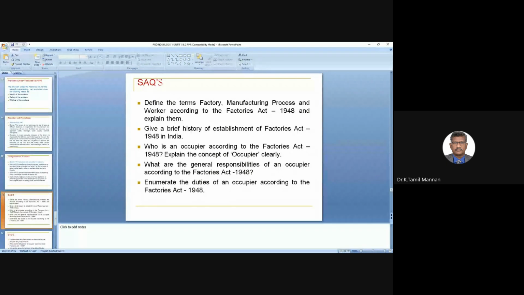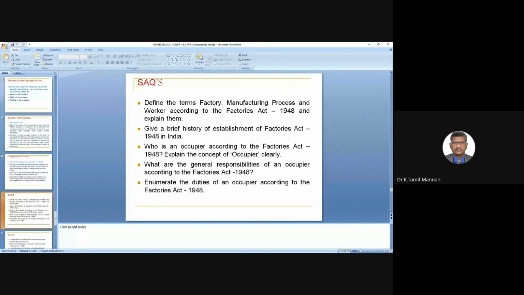So this unit covers the basics and fundamentals of the Factory Act 1948. If you know the Factory Act 1948 thoroughly, you can answer all the questions in all the units, even all blocks. So you have to learn what the Factory Act 1948 is, what the sections are, and what each and every section deals with related to industrial safety.